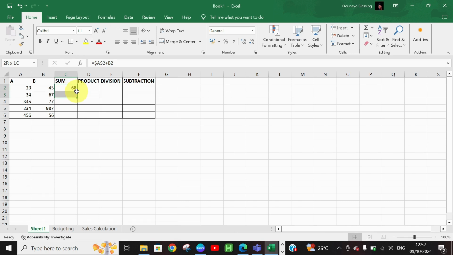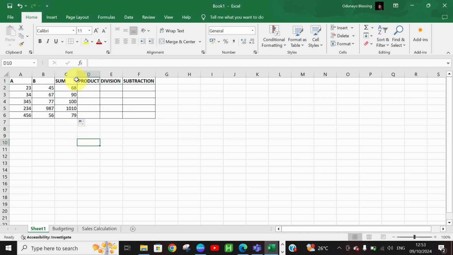When you drop this down, you realize that the answer we got before differs from what we are getting now. Because what the system is currently doing is adding 23 to each of the numbers. Why? Because A2 has been locked.